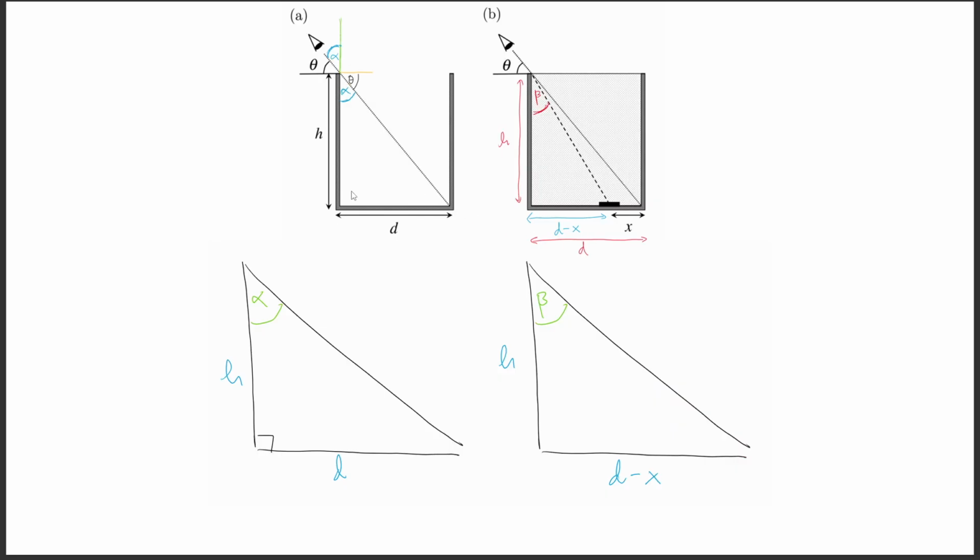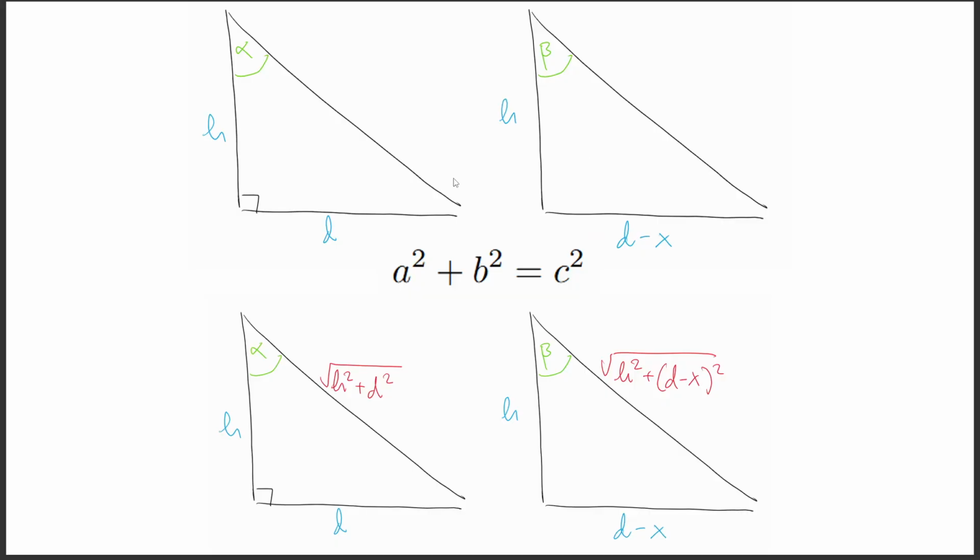So we can write this as a triangle like this. And from the Pythagorean theorem, we know that h squared plus b squared is equal to c squared. So the hypotenuse is the square root of h squared plus d squared, and the same goes for beta.